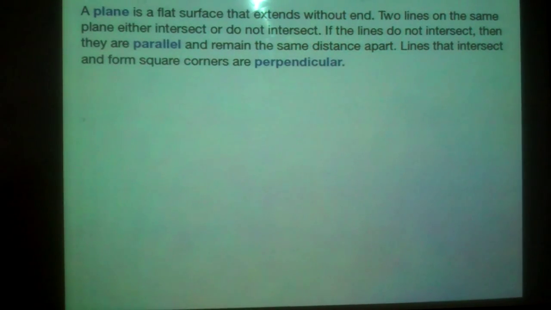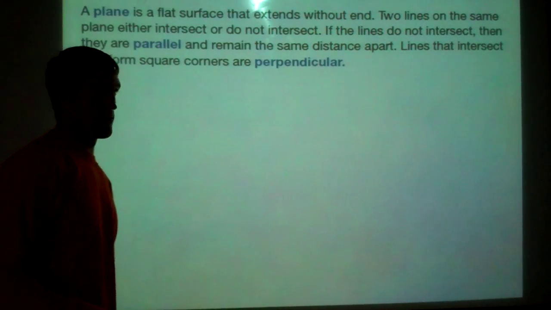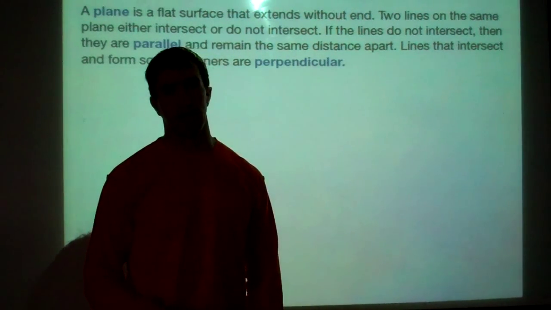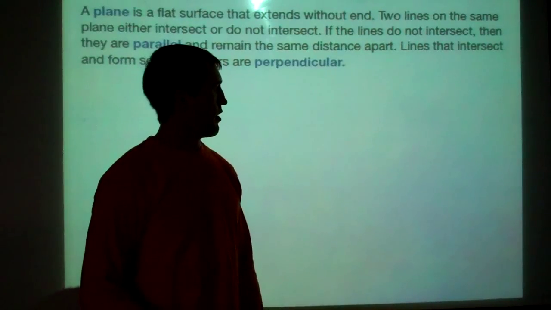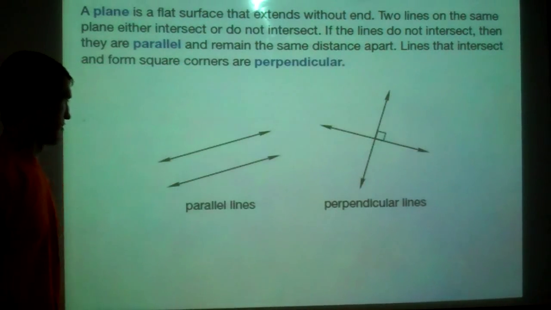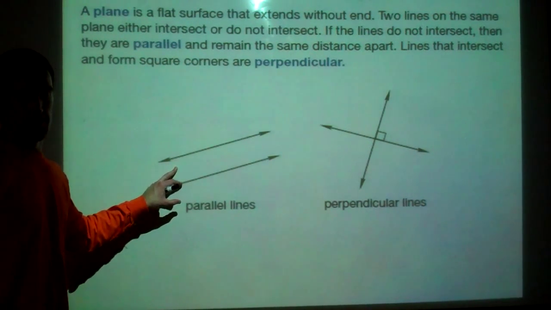It says here, two lines on the same plane either intersect or do not intersect. If the lines do not intersect, then they are parallel and remain the same distance apart. Lines that intersect and form square corners are perpendicular. Alright, so lines can intersect in two ways. Well, let's see here. First of all, parallel lines, they have the same slope.